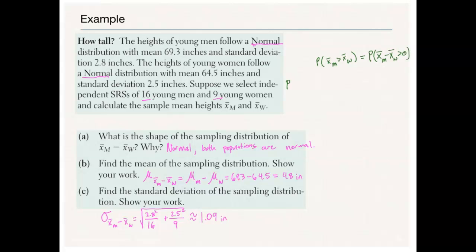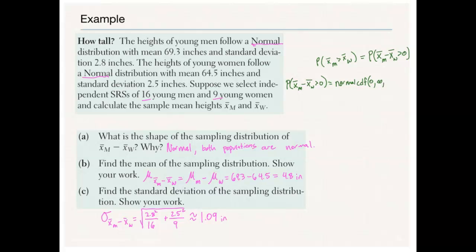And I would be able to calculate that because I know that this difference in distribution should be approximately normal, and I know the mean and standard deviation. So I could just go, oh, okay, well, that's normal CDF, where the lower would be 0, the upper would be infinity.